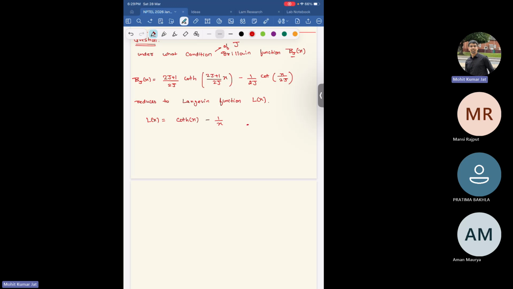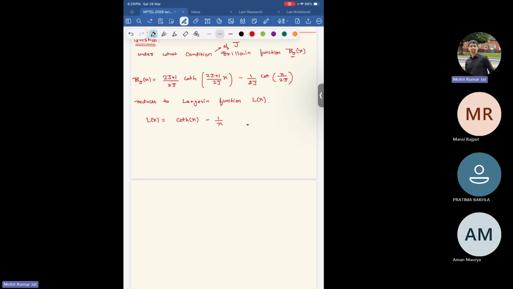And why is it important? Although it looks like a mathematical form, it has a very deep meaning. If you increase the value of J, that essentially means the number of states increases. How does your system transform from the quantum to the classical part?